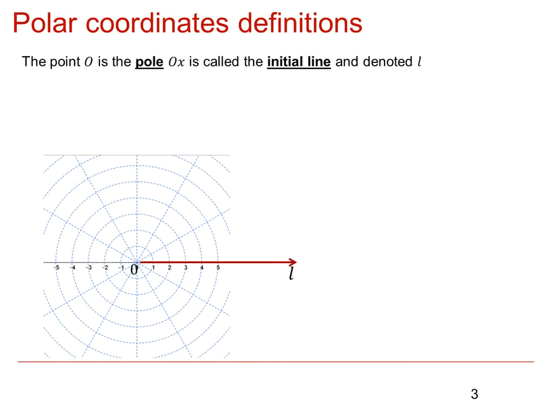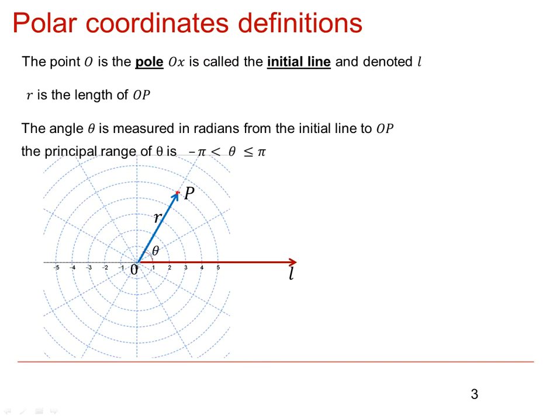So the fixed point is known as the pole, and the fixed line is the initial line. For a point P on the grid, the coordinates are r, the length of the vector from O to P, and the angle theta, where theta is measured in radians from the initial line.